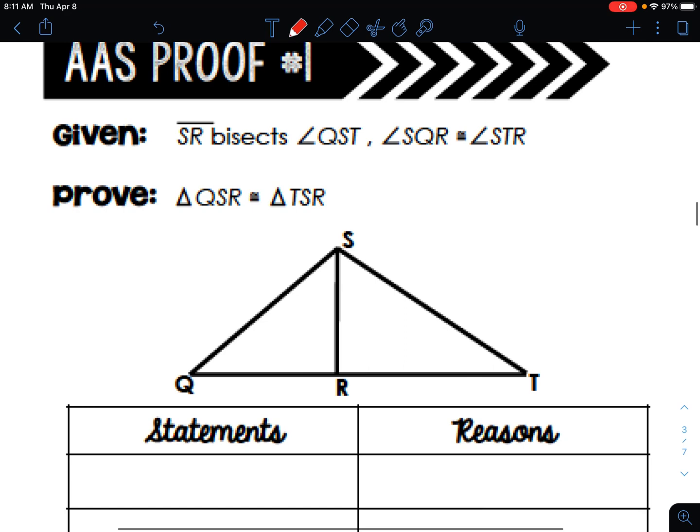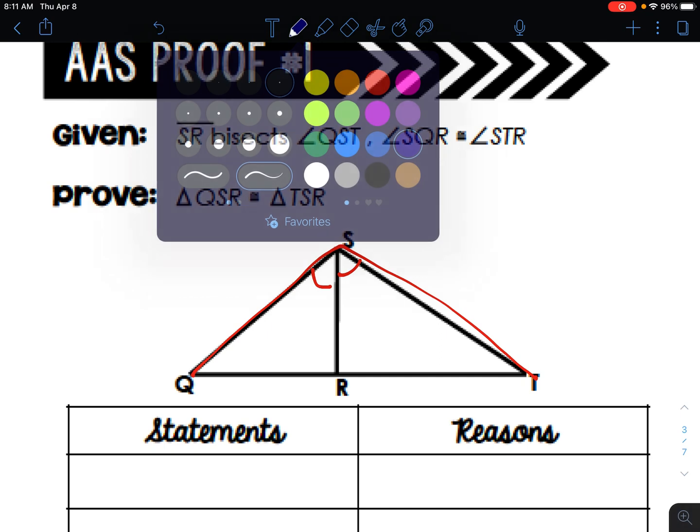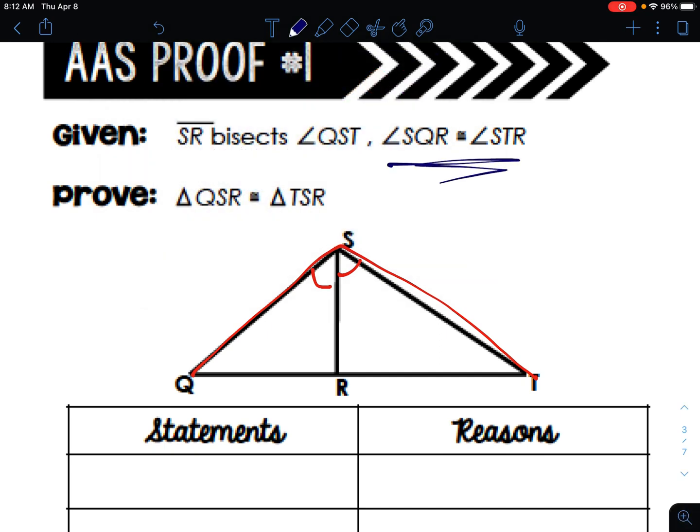It says SR bisects QST. QST was bisected. So that means that angle and that angle are congruent, okay? Then it says SQR is congruent to STR. So SQR is this one, right?